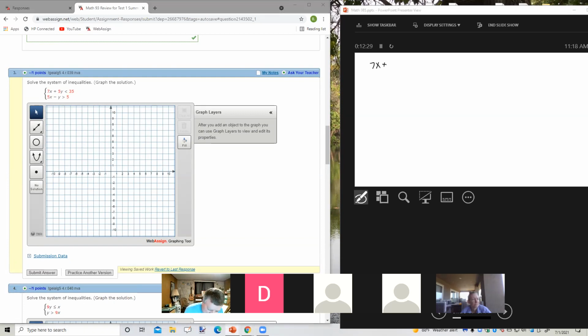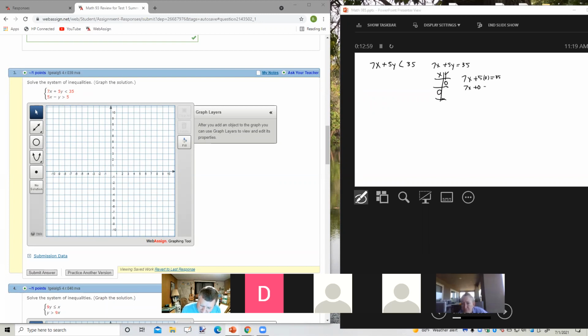Okay, so 7x plus 5y less than 35. Okay. So then I'm going to look at the related equation, 7x plus 5y equals 35. I'm going to find two ordered pairs. Again, I'm just going to stick with the intercepts. I don't have to, but I'm going to. If y is 0, we get 7x plus 5 times 0 equals 35.